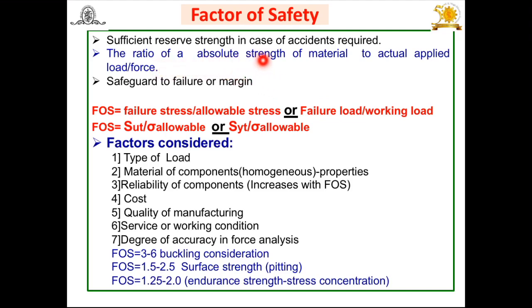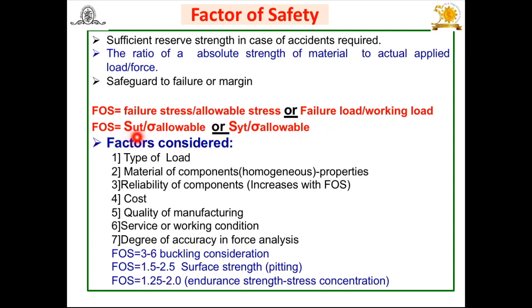But there is another definition: factor of safety is failure stress upon allowable stress, or failure load upon working load. Failure load means the maximum capacity of that element up to which the load can be sustained. Working load means the service condition, whatever load is acting on it.